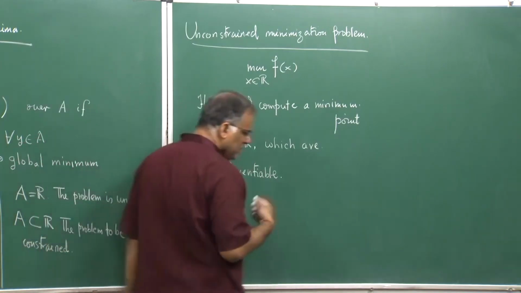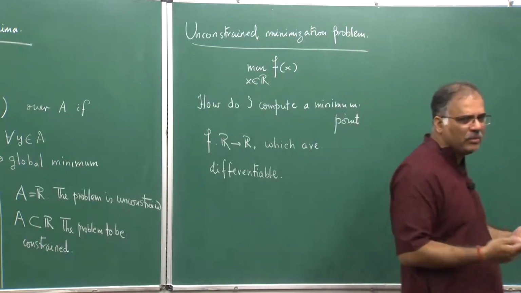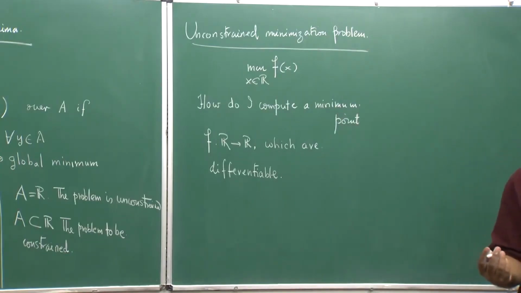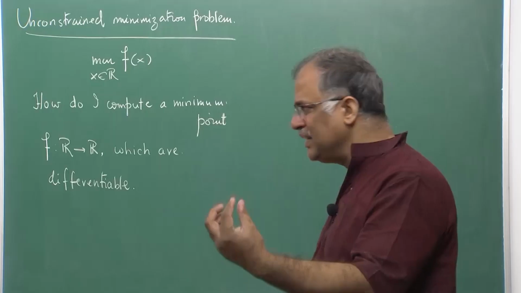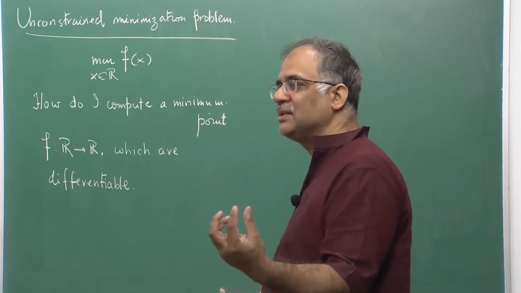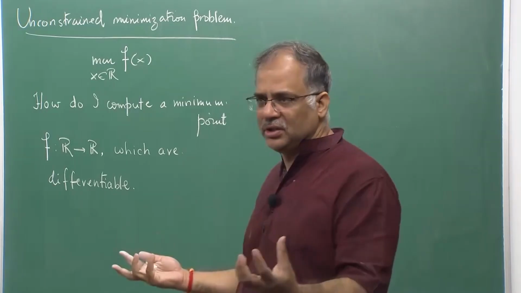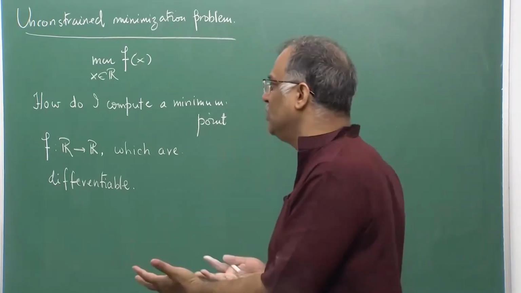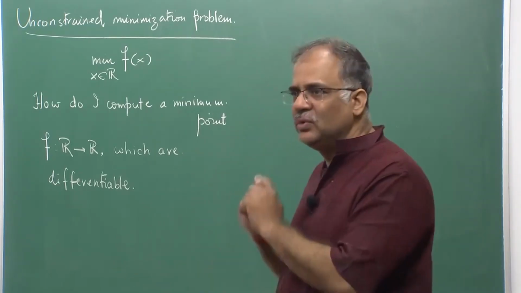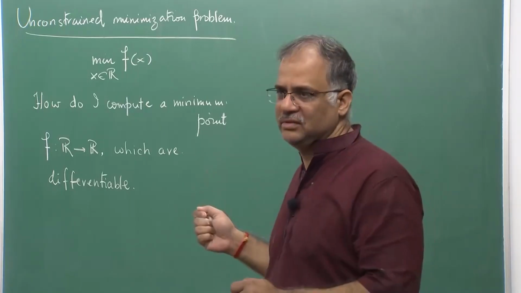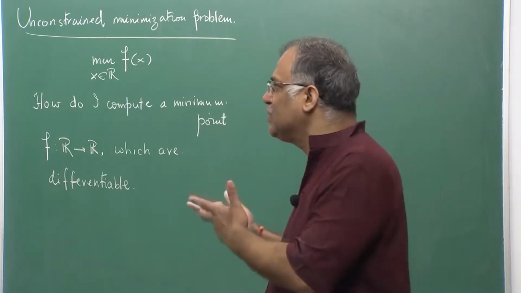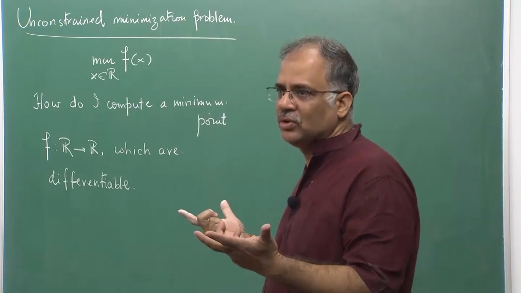So, if x star is a local minimizer, what can we say about x star? Does it satisfy any condition? If it satisfies a particular condition always whenever it is a local minimizer, then we can use that condition to compute an x, which we can then test whether it is a minimizer or not.